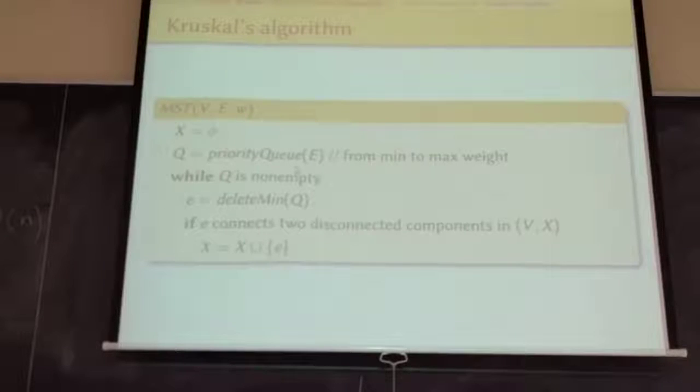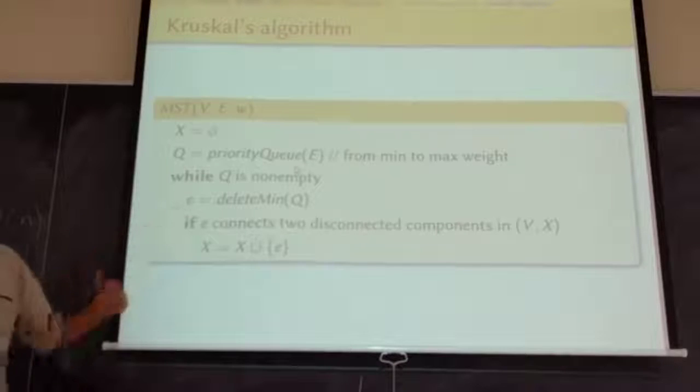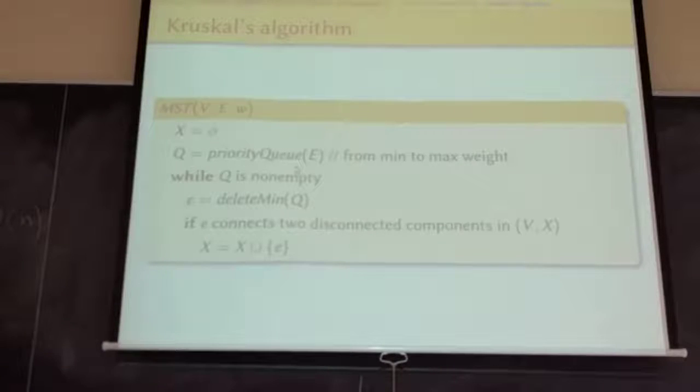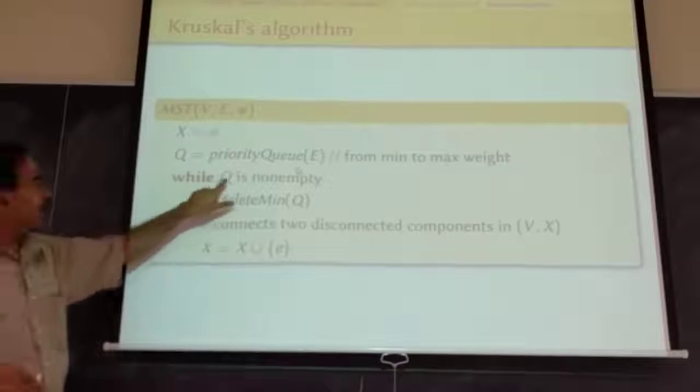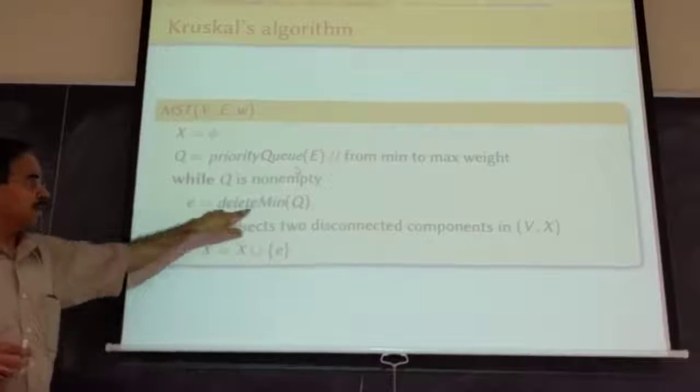So you should know what is the complexity of this algorithm. That depends on what data structure you use for disjoint set union. Depending upon what you use, if you use something that requires log n time, then you'll have one complexity. If you have something that takes essentially constant time, then you have this loop and you have this delete min.